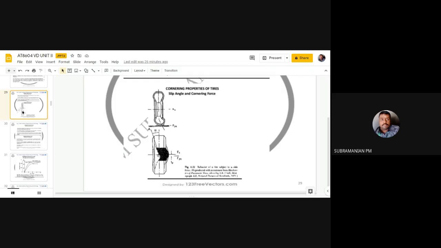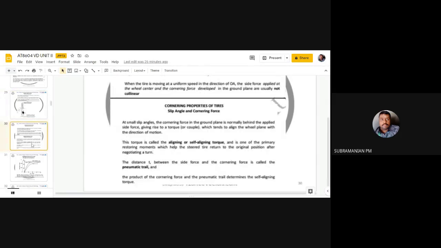Okay, pneumatic trail. So the distance between the side force and the cornering force is called the pneumatic trail. When you multiply the cornering force and the pneumatic trail, that determines the self-aligning torque. In trucks, the pneumatic trail will be more, so we'll be getting more self-aligning torque.